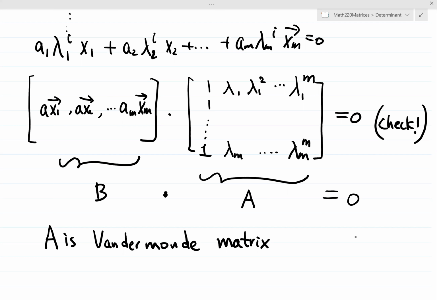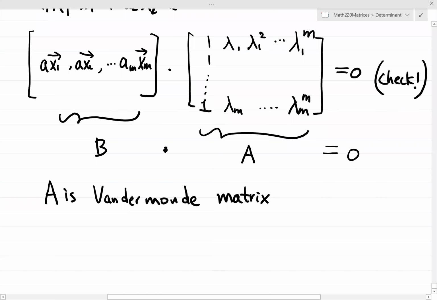We know what the determinant of the Vandermonde matrix is. Last time we did one example, the 3x3 case of the Vandermonde matrix, and found its determinant. So the determinant of A squared is actually the product of (lambda i minus lambda j) squared.